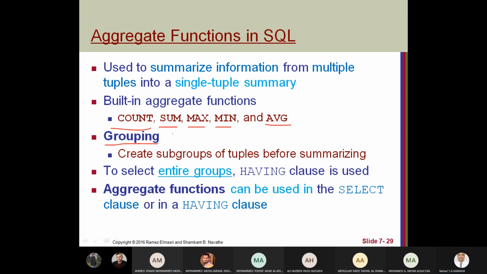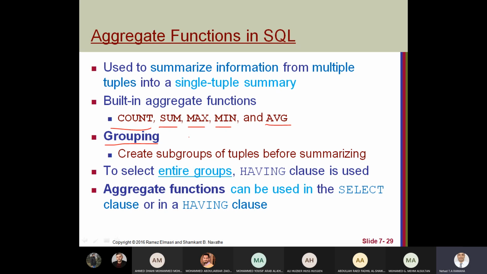Then if you select all the employees and departments, join between them. Even in the employee table itself, if you select all the tuples from employee and get the average, now you get the average for all the employees.